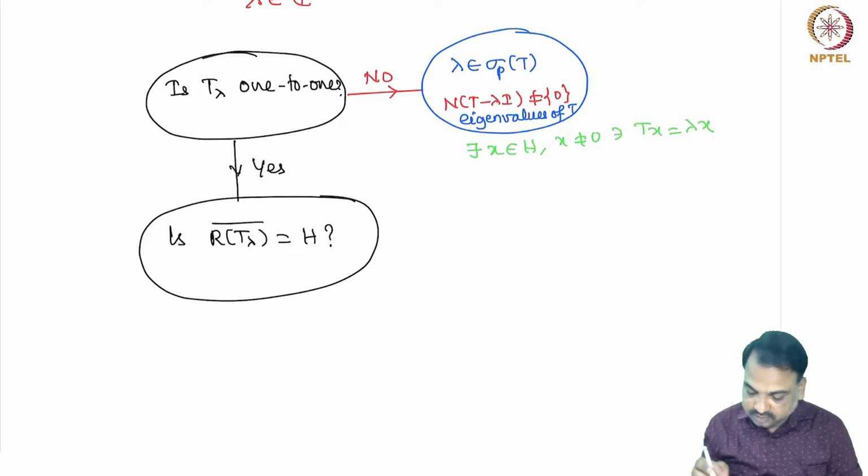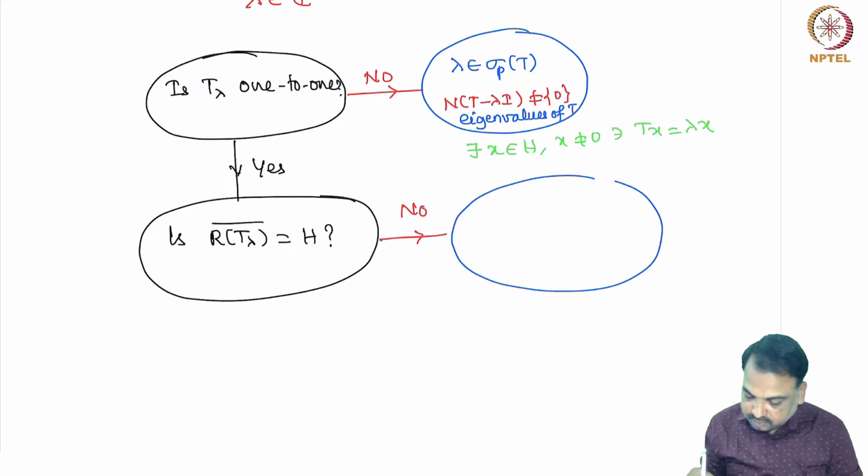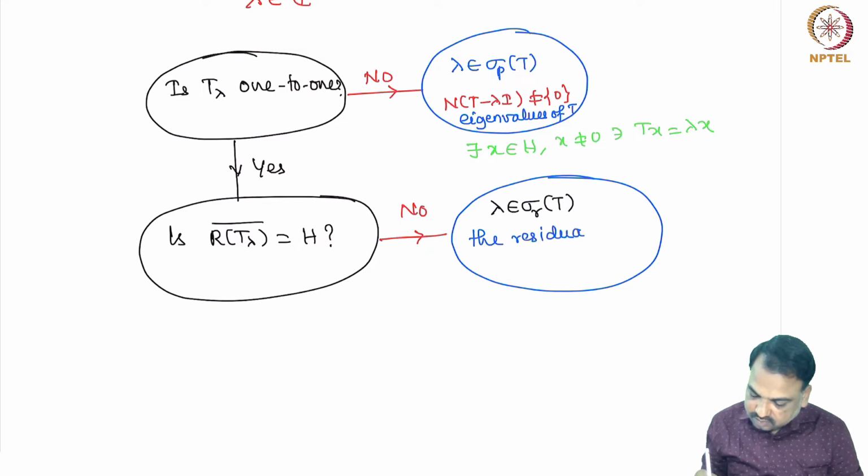In this case we get another spectral value, which we call the residual spectrum. So lambda is in the residual spectrum of T. This is called the residual spectrum.